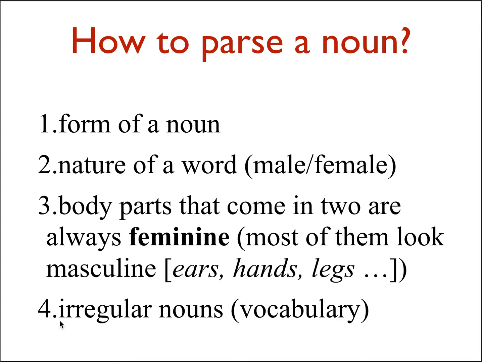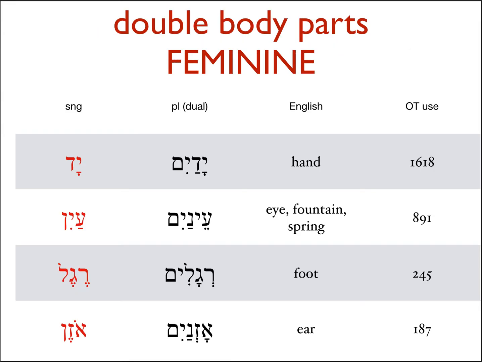And finally, there are some, not a lot of them, that are just irregular nouns, and these you just need to memorize. You need to know from your vocabulary that these nouns are either masculine or feminine, though they look the opposite. Here's a list of body parts that come in doubles that are feminine, and these are the ones that are common in the Old Testament.